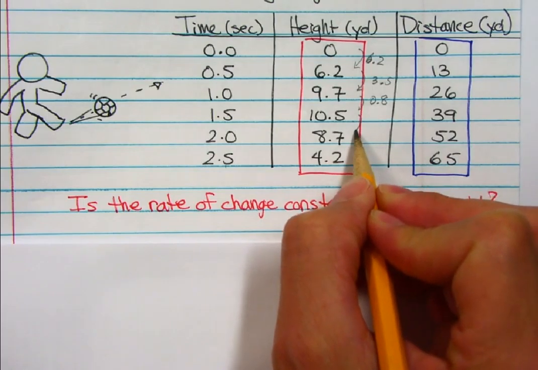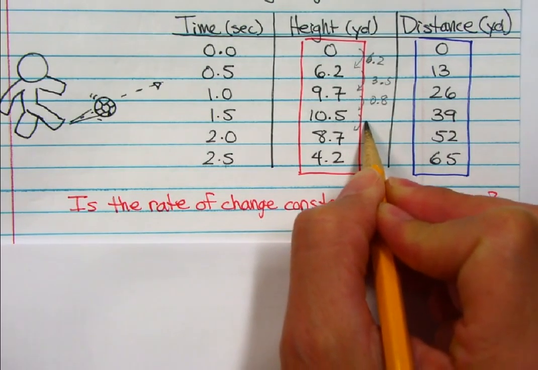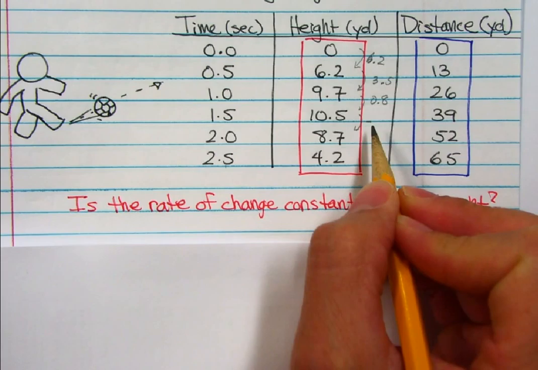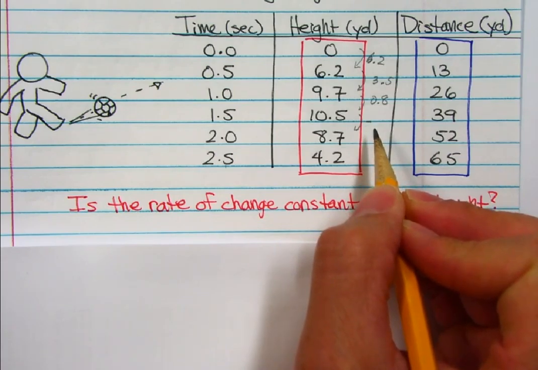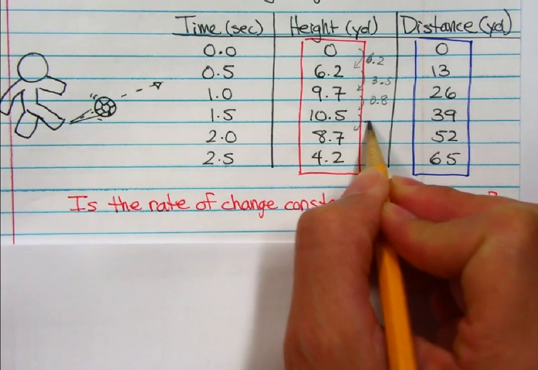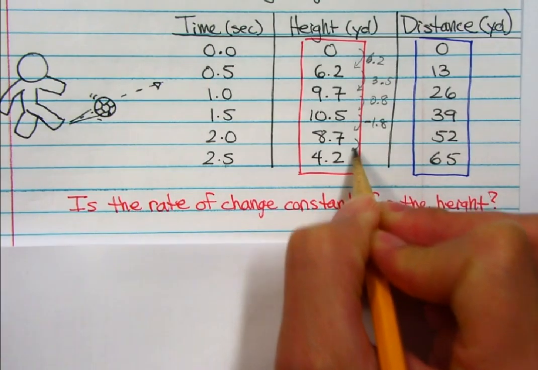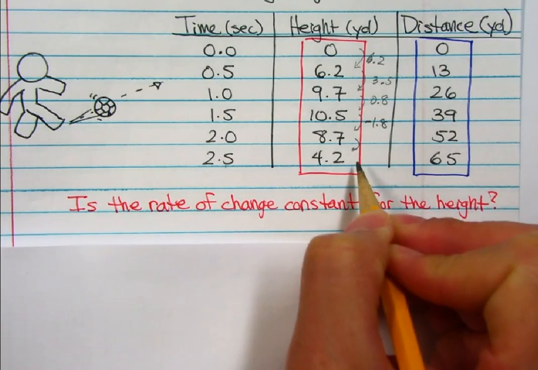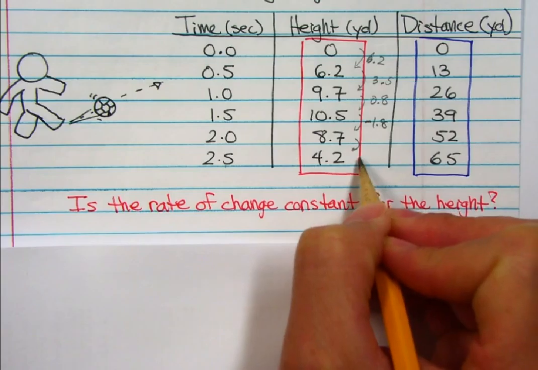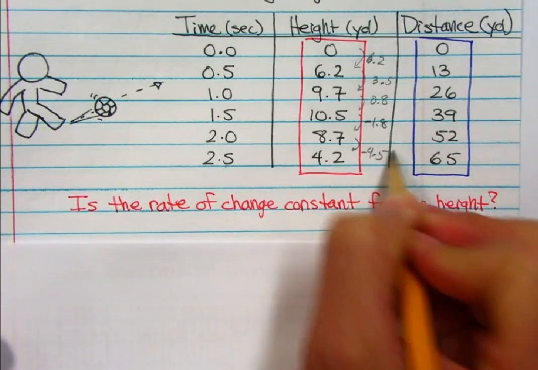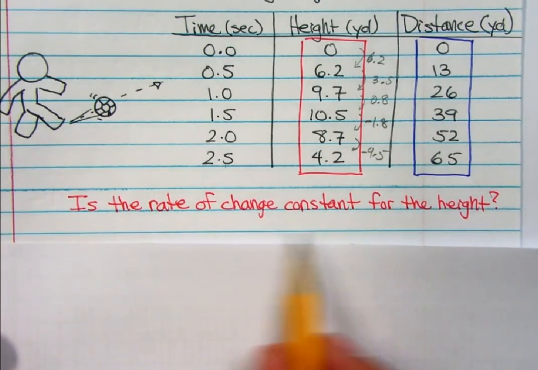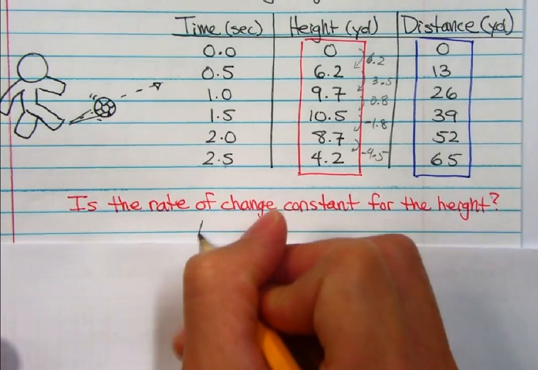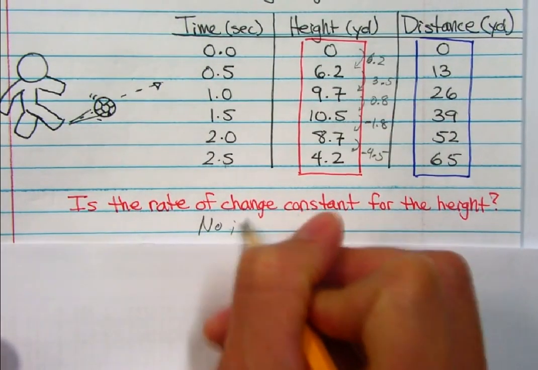And then it actually decreases, starts to go down. How much does it decrease by? Well, let's just subtract it with our calculator here to make sure. It decreases by 1.8. And then from 8.7 down to 4.2, it decreases by 4.5. So can we say that the rate of change is constant in height? We say no, it's not constant.